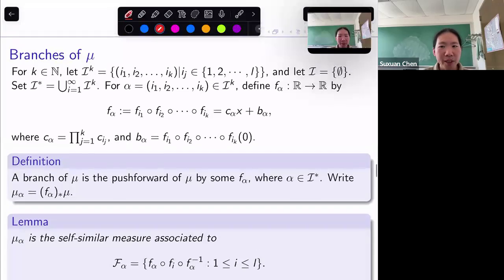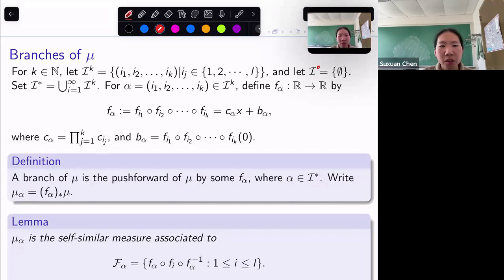So first we define branches of mu, and for k in n, we let I_k be the collection of k-tuples with the entries between 1 and L. And we let I_0 be the empty set, and we set I_star to be the union of all those I_k.